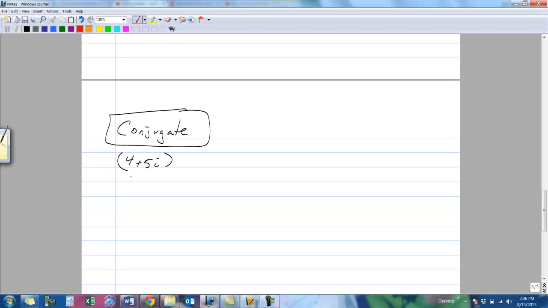The conjugate to 4 plus 5i is going to be 4 minus 5i. All right? We're not going to go and multiply it or anything else yet, but right now let's give you another conjugate. How about 3 minus 8i? The conjugate here would be 3 plus 8i.